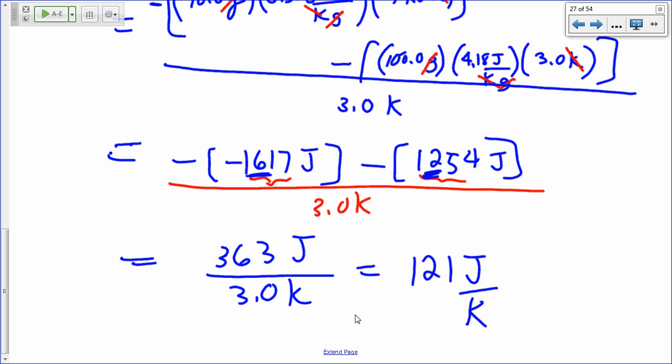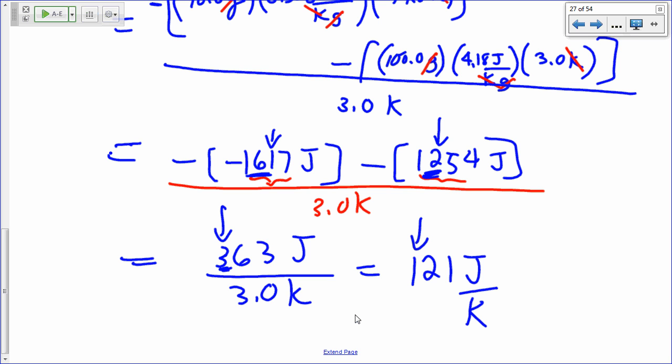If we go by the sig fig rules, okay, the last sig fig there is in the hundreds, the last sig fig there is in the tens, so we really should have just sig figs in the hundreds. So there's really only one sig fig here. Okay, so only one sig fig left. So it's about 100 joules per Kelvin. But usually when you determine the calorimeter constant, you're going to be using it for further calculations.